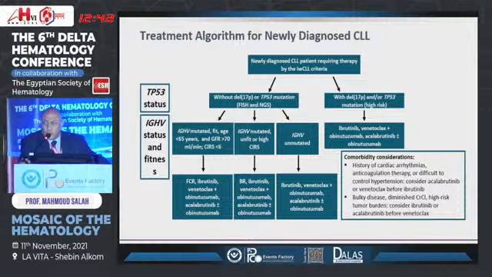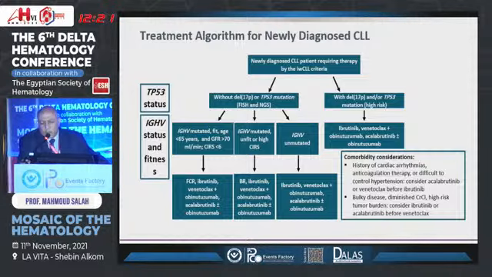For those patients with IGHV unmutated, don't waste your time with chemotherapy, because these patients are not responding to chemotherapy. So this patient should have ibrutinib or venetoclax plus obinutuzumab, or acalabrutinib plus or minus obinutuzumab.